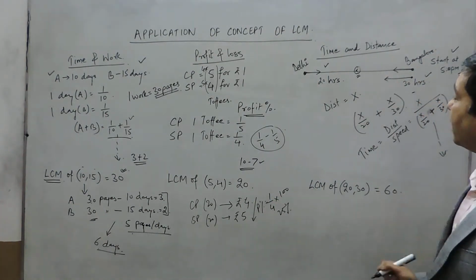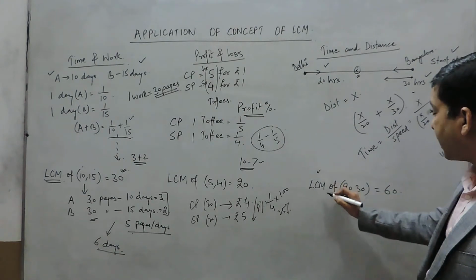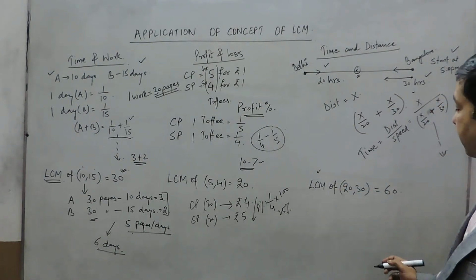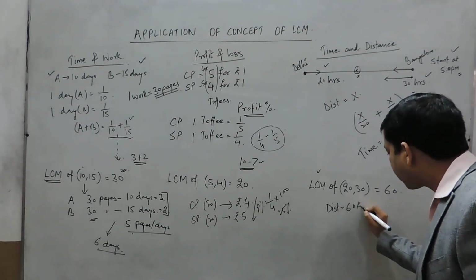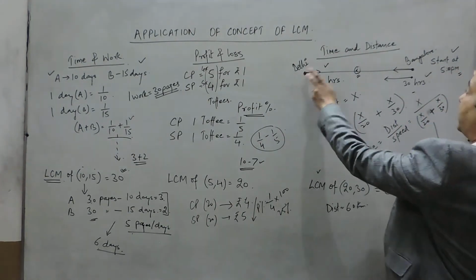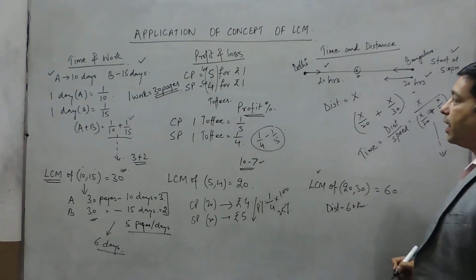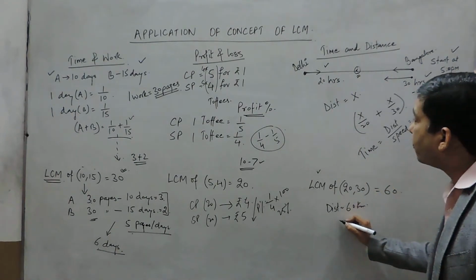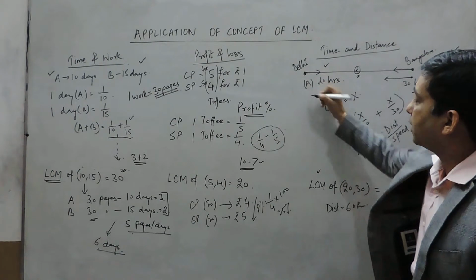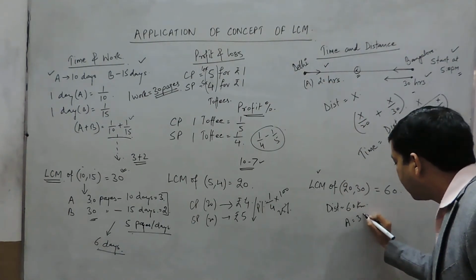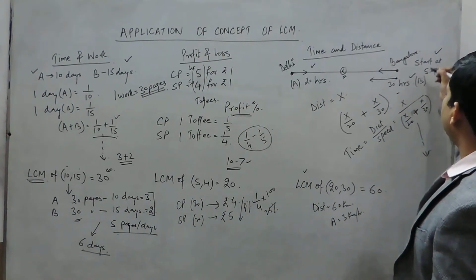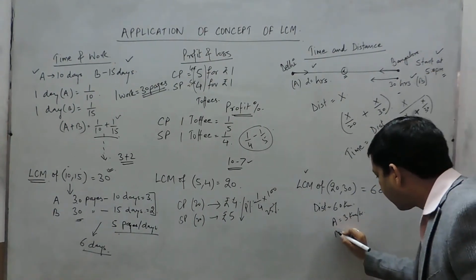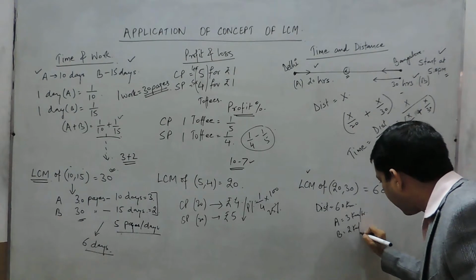In the same way, if we look at the question of time and distance, we know the LCM of 20 and 30 comes out to be 60. We take the distance to be 60 kilometers. Because from Delhi to Bangalore it goes in 20 hours, the speed of the first is 3 kilometers per hour, while the speed of the second, which is running from Bangalore, is 2 kilometers per hour.